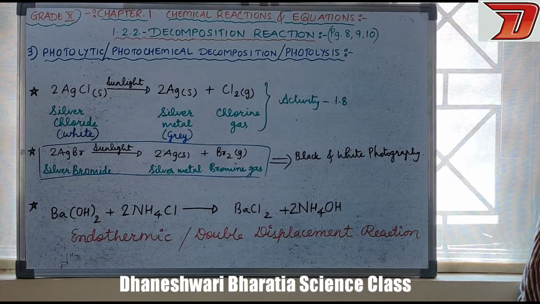Now on the same page, two questions are asked. The first question: the solution of substance X is used for whitewashing. If you recall our last video about the combination reaction where we had discussed calcium oxide, right? So this calcium oxide is used in whitewashing and the formula is CaO, right?